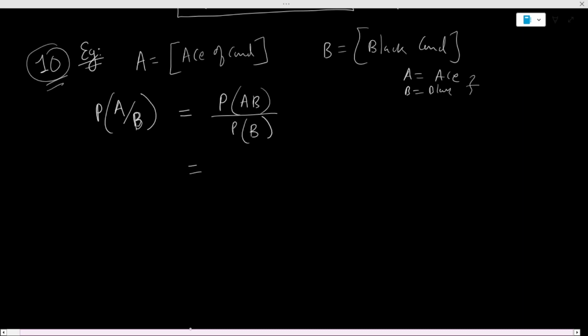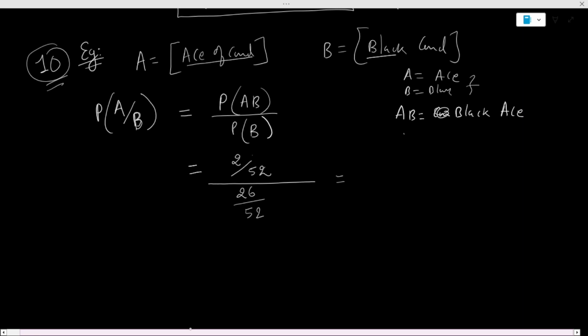And what is the probability of A intersection B? A and B represents the black aces. So we have two black aces, and then we divide it by the total number of cards, 52. So we are done with P(AB), and we divide it by the probability of black. What is the probability of getting a black card? There are 26 black cards and the total number of cards is 52.